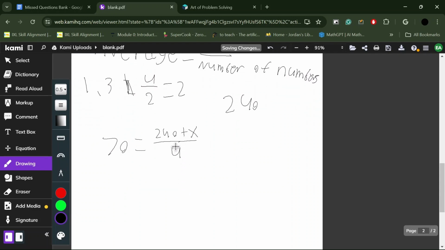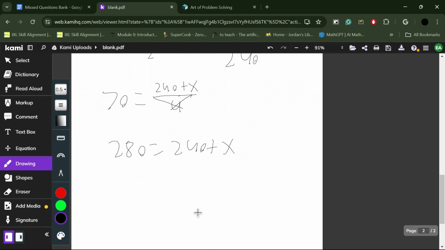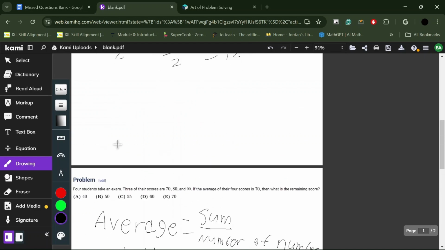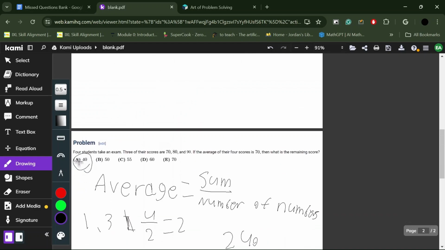Right? So in this equation, we multiply both sides by 4 to cancel this out. So we get 280 is equal to 240 plus x. You probably see where this is going, but if you subtract 240 from both sides, you get x is equal to 40, which is A.